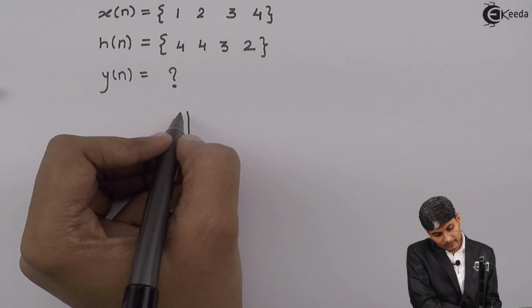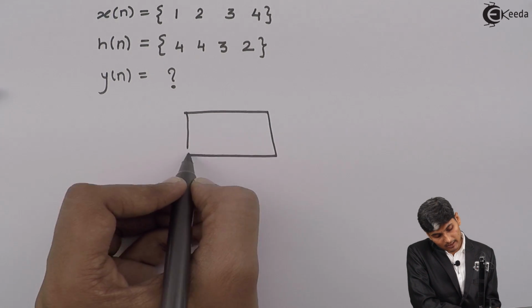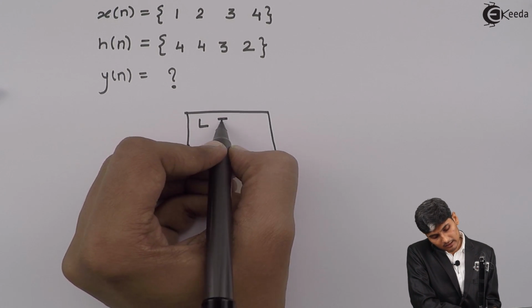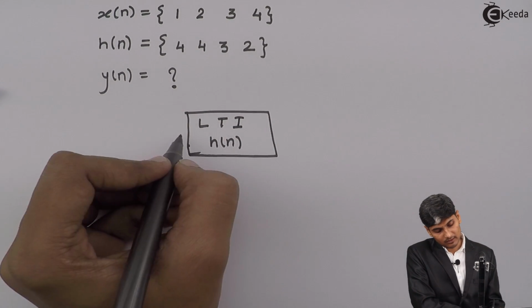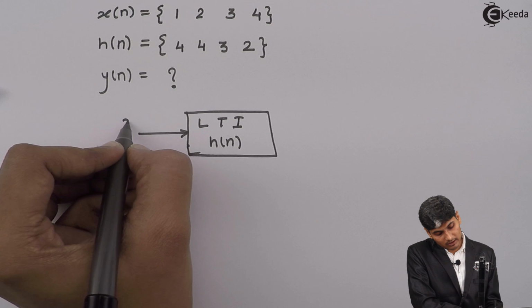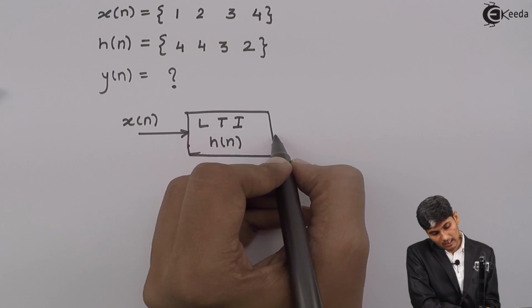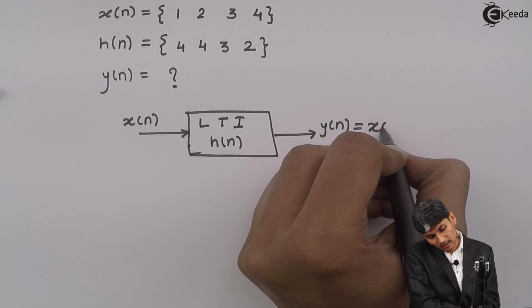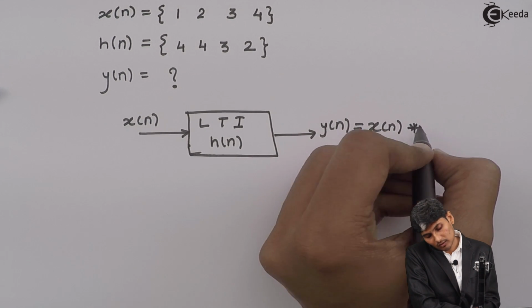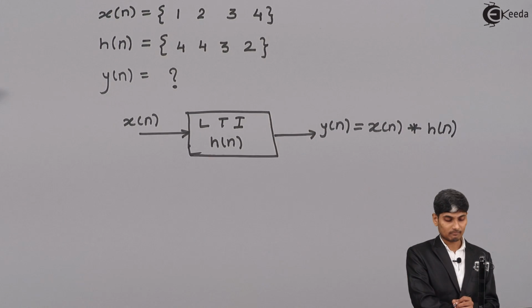Graphically, I can see this as an LTI system with response h of n, with input x of n and output y of n, which is nothing but x of n convolved with h of n.